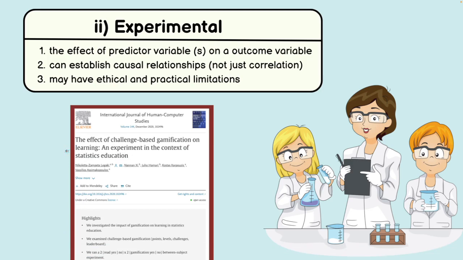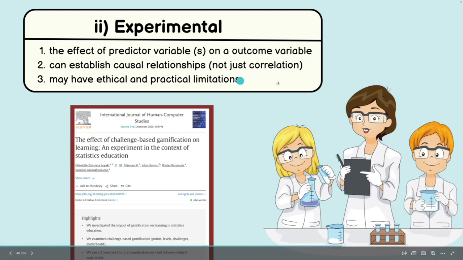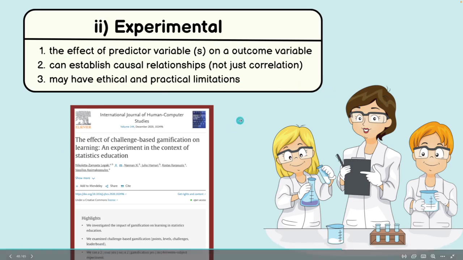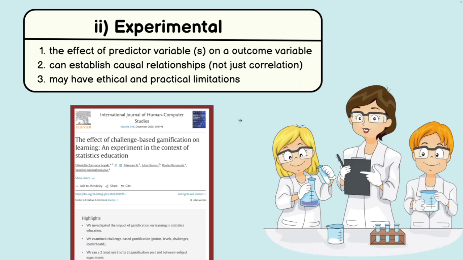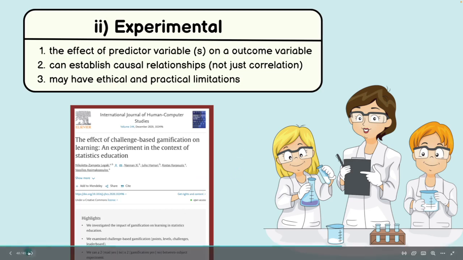They're going to have one group that's using some kind of gamification and another group that is not, and evaluate the performance of each of those groups and determine if there is a difference and if that difference is statistically significant. So that's an experimental type of study.